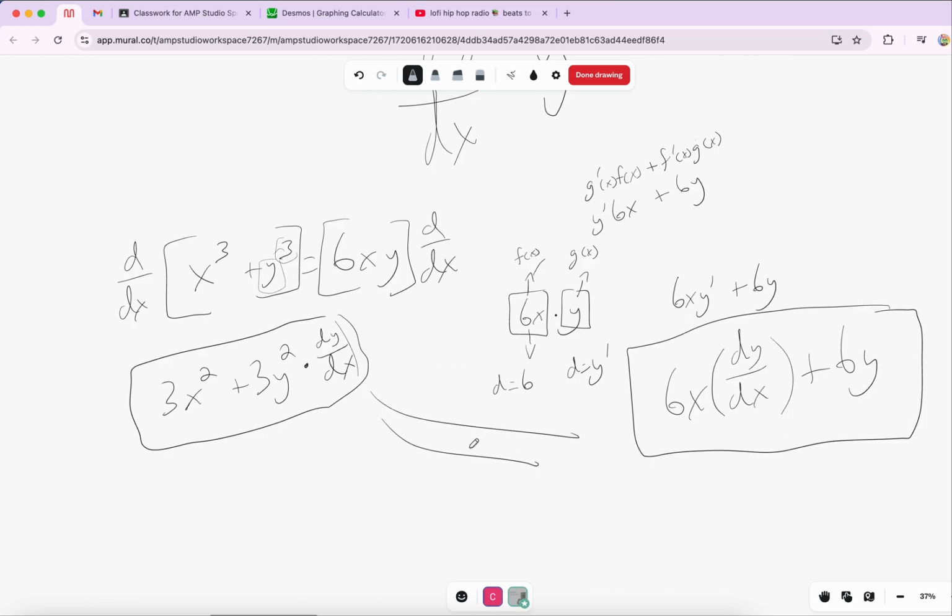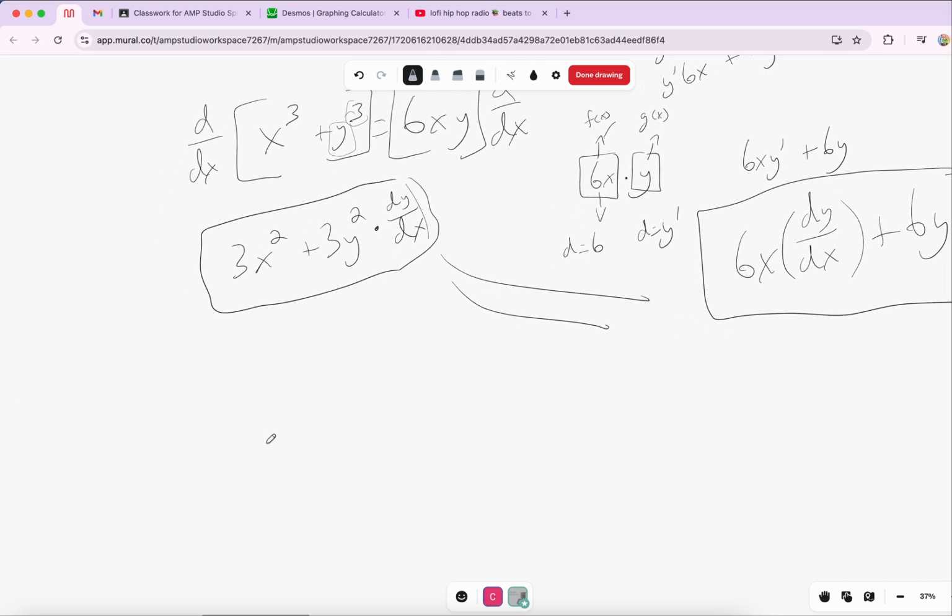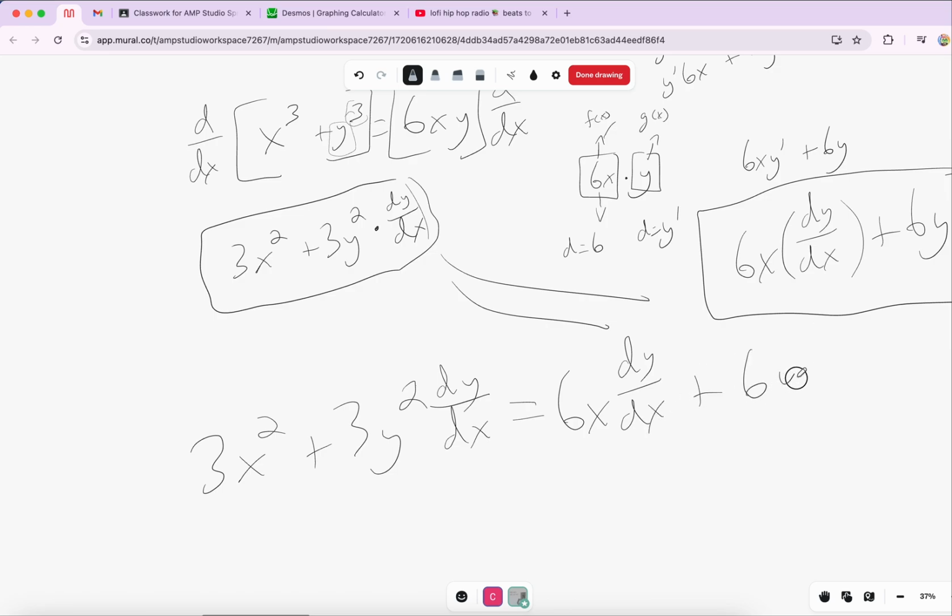So here's my equal sign between those two halves. Now to rewrite that, we've got 3x squared plus 3y squared dy/dx equals 6x dy/dx plus 6y.